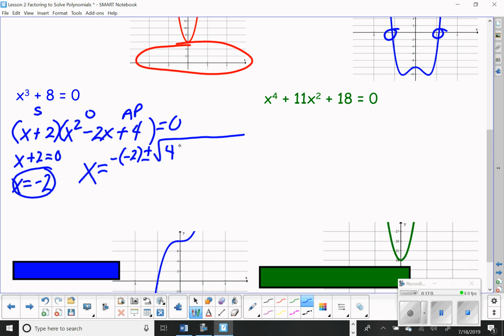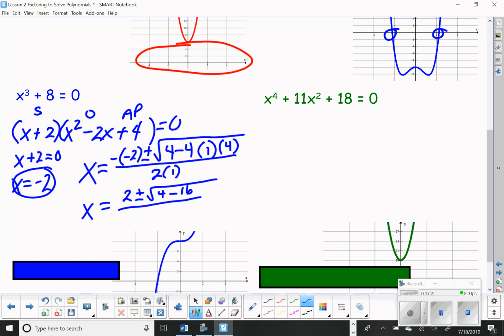Negative 2 times negative 2 is 4. Minus 4 times a, which is 1, times c, which is 4, all over 2 times a. X will be equal to a negative, and negative is a positive. I've got 4 minus 16 all over 2.